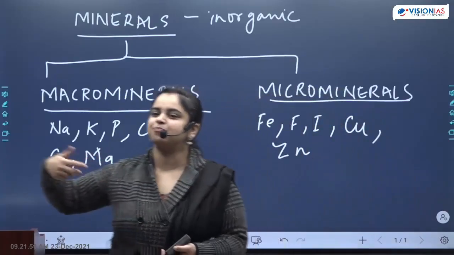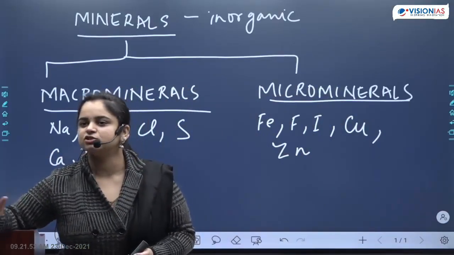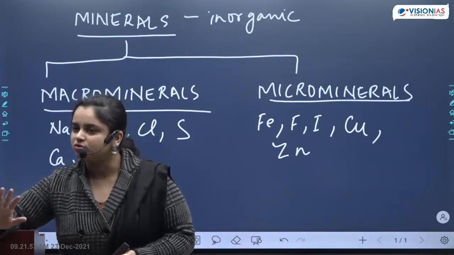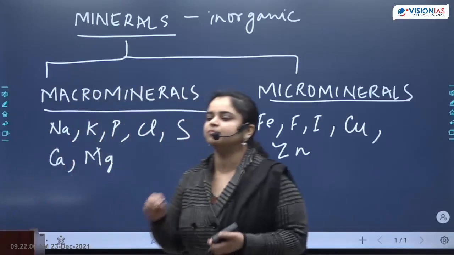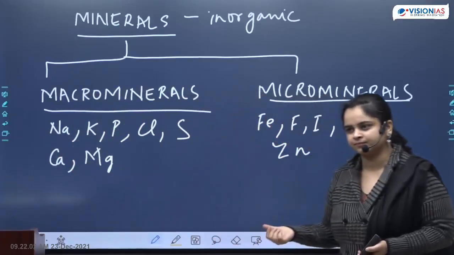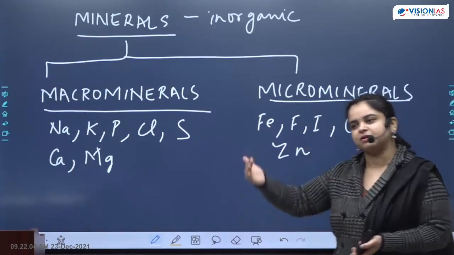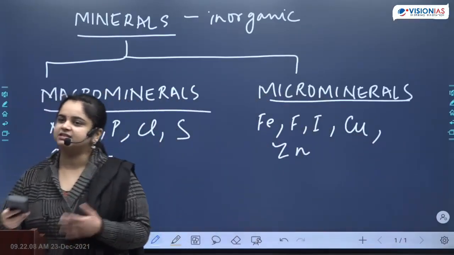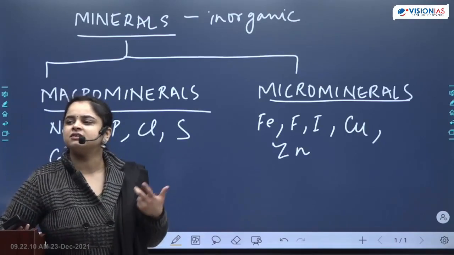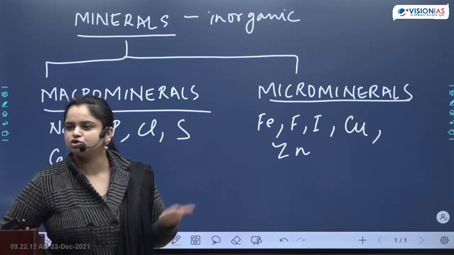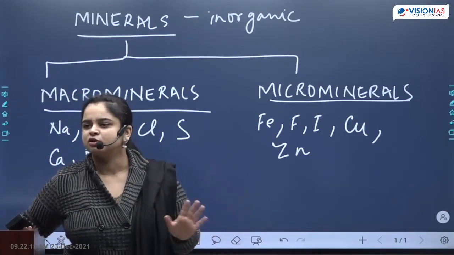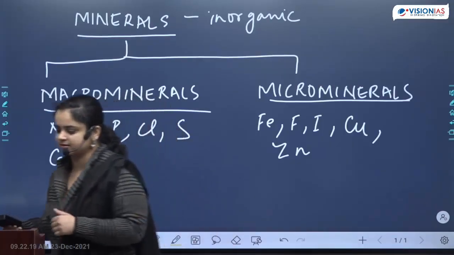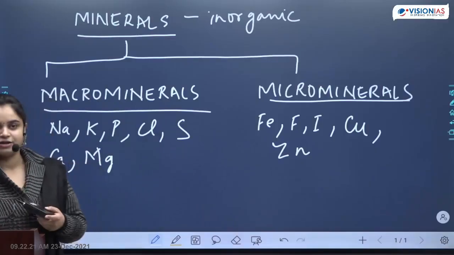It is called hypervitaminosis. That is also possible, but it is rare. In most cases, the common problem is deficiency. Okay, excess also causes problems. That's definitely the case, but it is usually less common. So most focus remains on talking about deficiency. Okay. Let's start with the micro minerals.